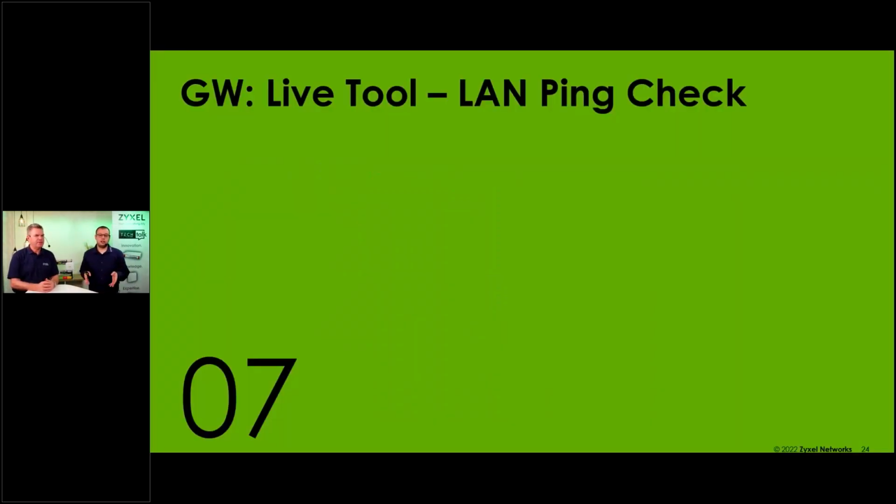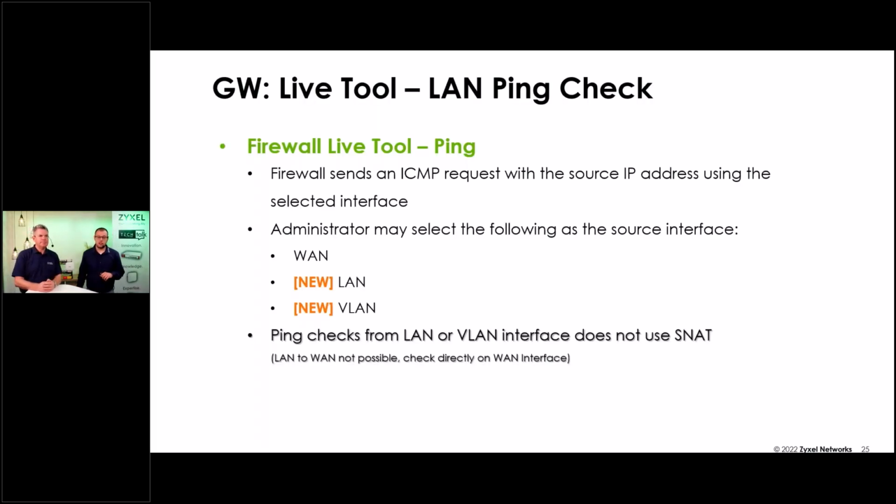Let's take a little look at live tools and basically troubleshooting here. We made a minor enhancement to the live tool for the ping check. Previously, we only had the possibility to do a ping check from the WAN interface. We now changed that so that we have now added LAN and VLAN interfaces as well.